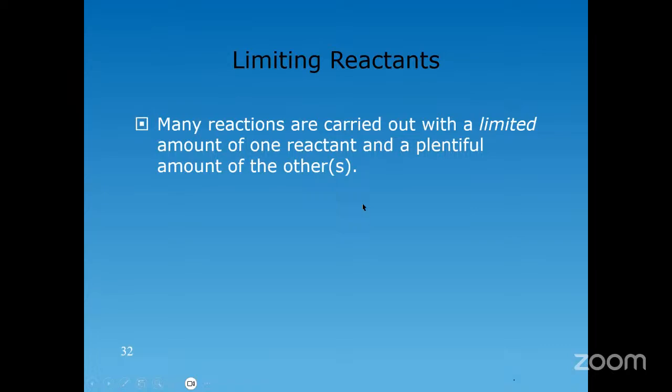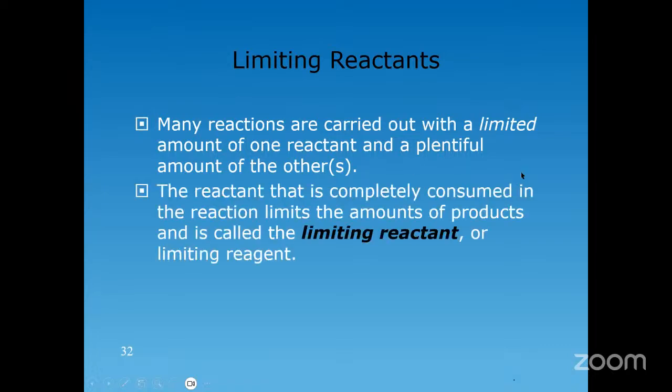So in order to ensure that the reaction is driven to form products, you have to make sure that one or more of the reactants will be in an excess amount beyond what is stoichiometrically required. In those situations, there are two types of reactants involved: the limiting reactant and the excess reactant.